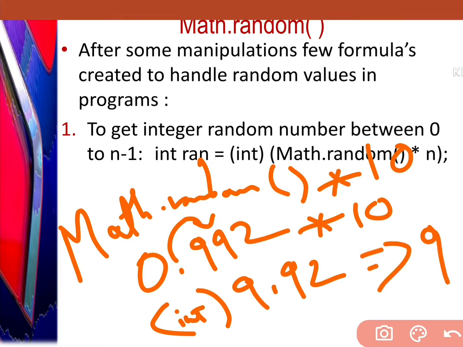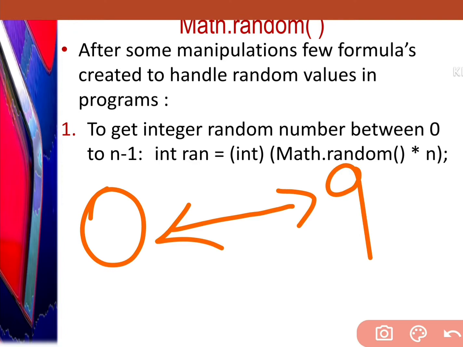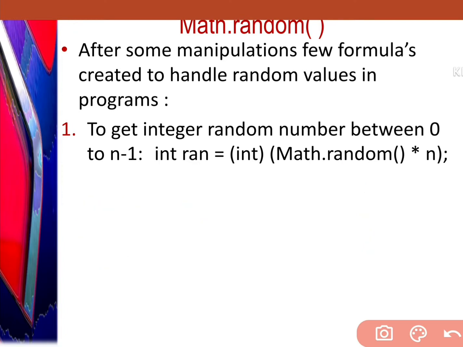Means again we are getting a value between 0 to 9. The minimum value we get is 0, and the maximum value we get is 9. Exactly what I want, it is satisfied with this formula.